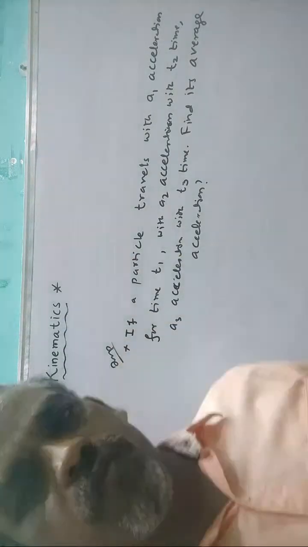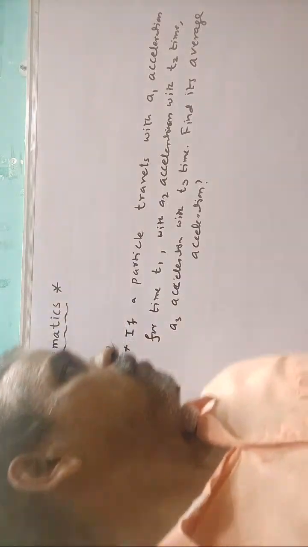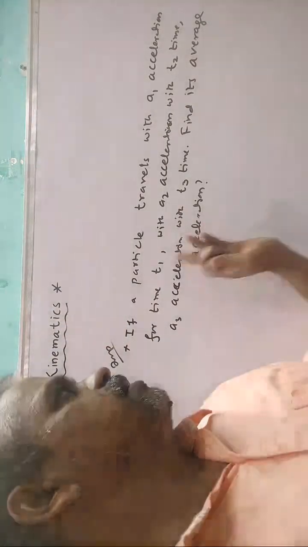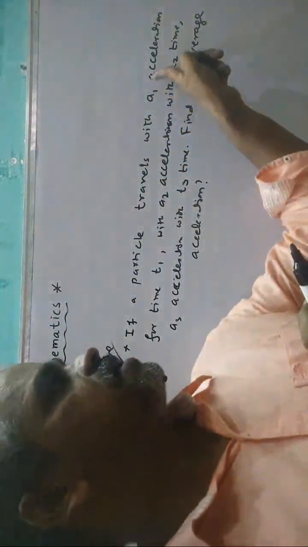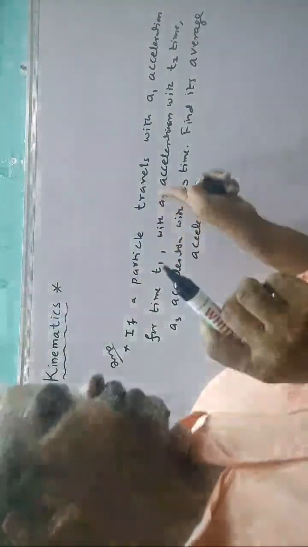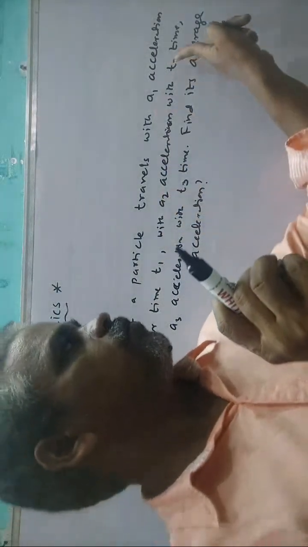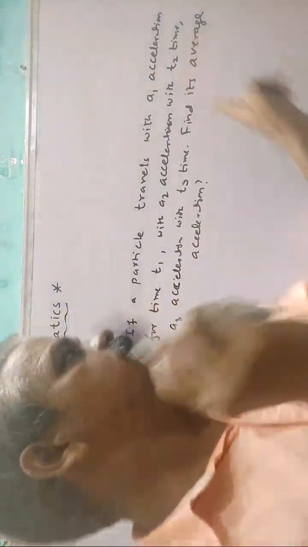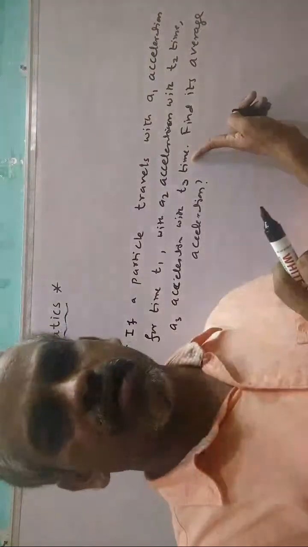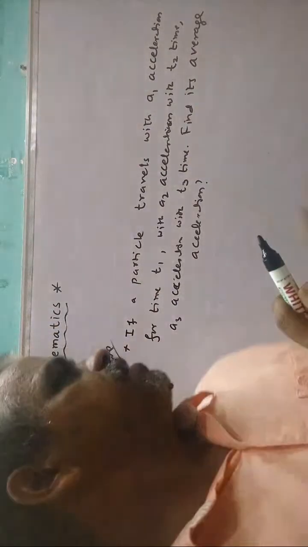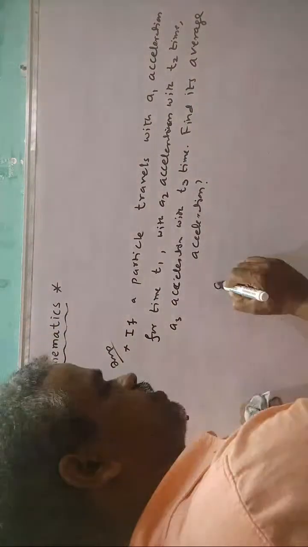See what I am discussing now: average acceleration in this situation. If a body travels with acceleration a1 for time t1, acceleration a2 for time t2, next a3 acceleration for t3 time, find its average acceleration.